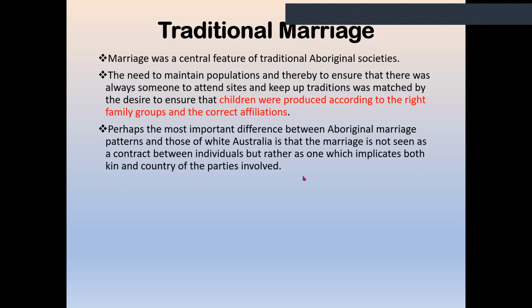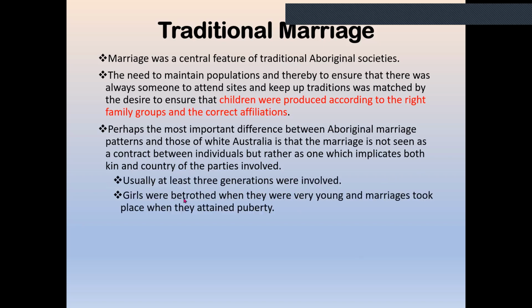So if you listen now to modern Aborigines saying they are such and such a people, they would talk about the people of the father and the people of the mother. They'd say, I don't remember the names, but I think you know what I mean. So usually 3 generations were involved. Girls were betrothed when they were very young, and marriages took place when they attained puberty.